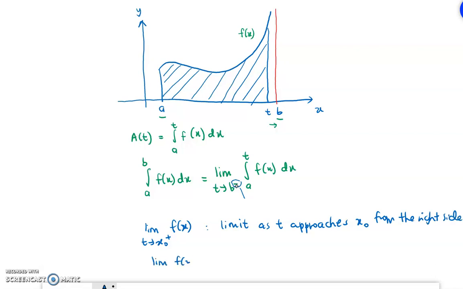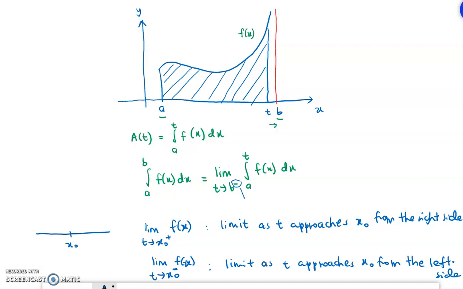If the sign is negative, t approaching x naught from the negative side, it means the limit as t approaches x naught from the left side. So given here, let's say it is x naught, the limit will be approaching from the right side for plus, and for minus, it approaches x naught from the left side.